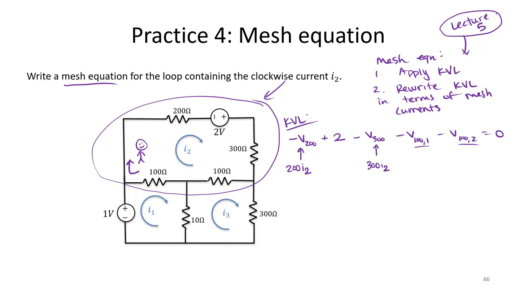Be careful with these 100 ohm resistors though. Notice that I have current I2 flowing in the direction I'm walking, but I also have current I3 flowing opposite.